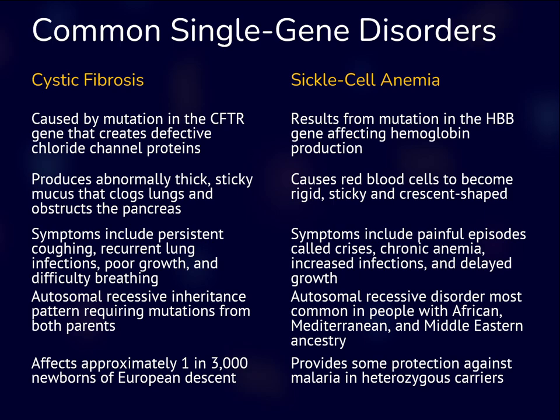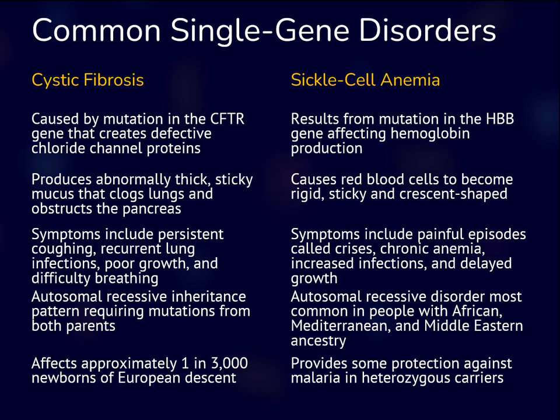Imagine a gate in a fence that's stuck shut. Chloride ions can't move in and out of the cell properly. This leads to a thick, sticky mucus that clogs the lungs, pancreas, and other organs. People with cystic fibrosis often struggle to breathe, get frequent lung infections, and have trouble absorbing nutrients.